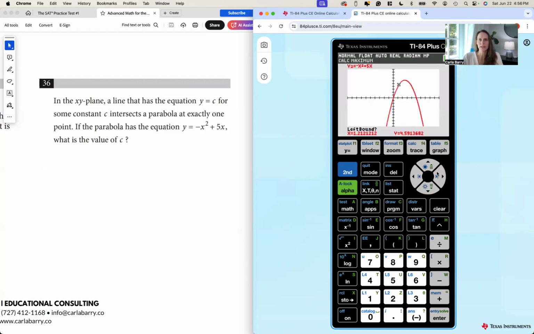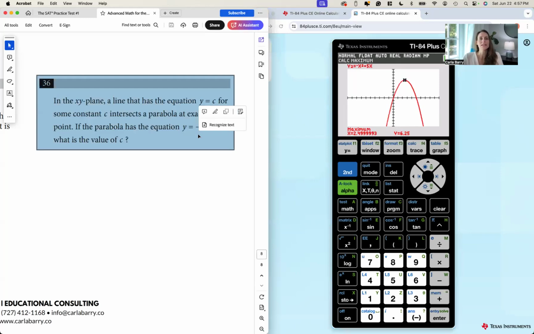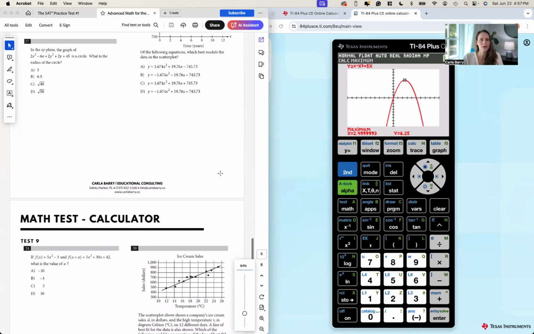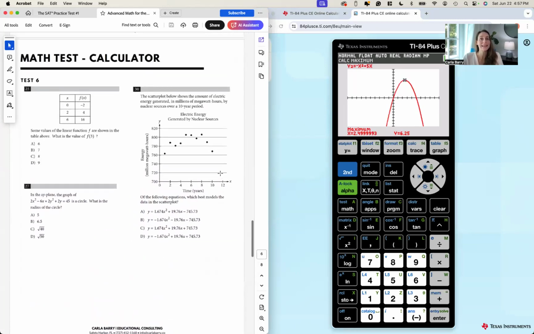I'm going to set the left bound, to the left of that maximum, and press enter, and then the right bound and press enter, and then hover over the maximum and press enter, and it gives me my maximum at x equals 2.4999 and y equals 6.25. They want to know what is the value of c, and y equals c, so we need the y value. So y equals 6.25 for that question. And it's super straightforward in the calculator.